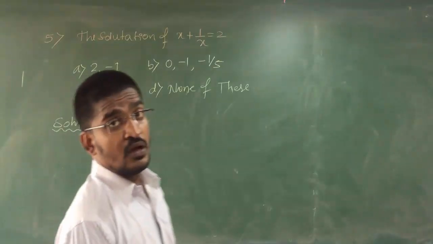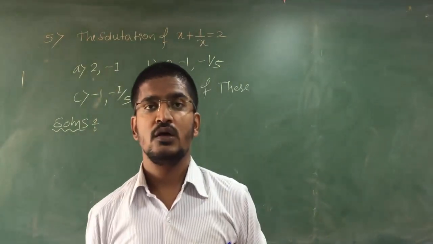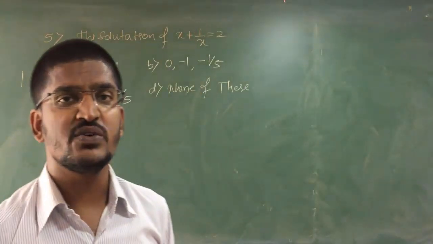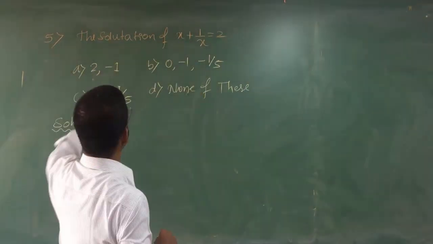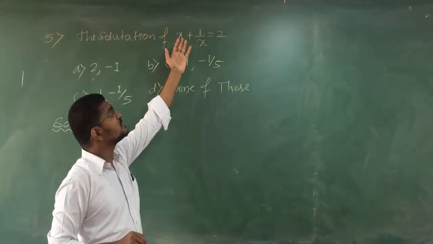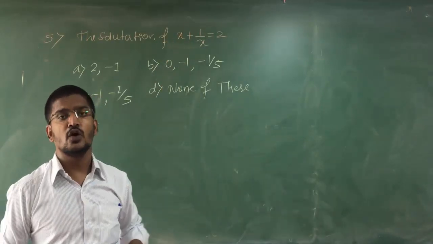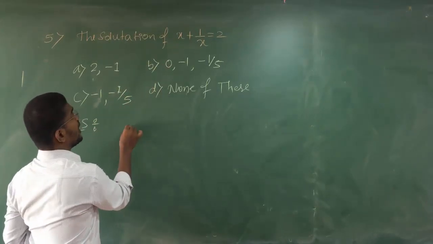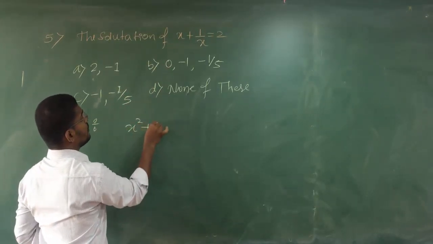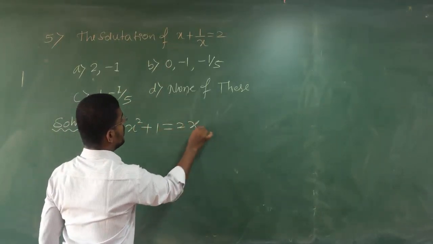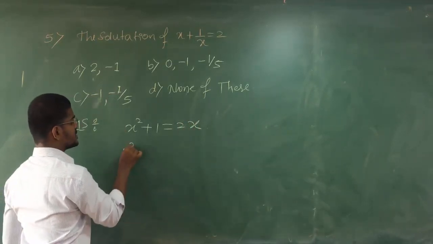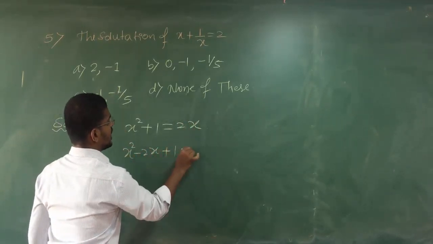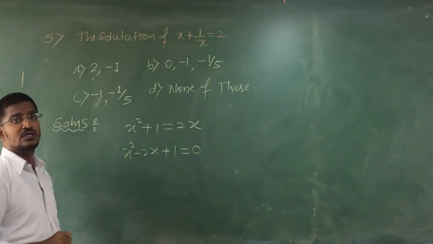Okay students. Now let us go for the 5th problem. What is your 5th problem? Solution of x plus 1 by x equal to 2. Okay. If I simplify this, you are going to have x square plus 1 equal to 2x. So that is x square minus 2x plus 1 equal to 0.